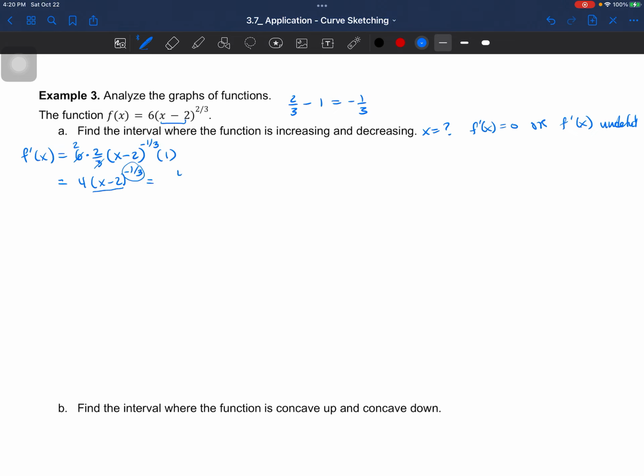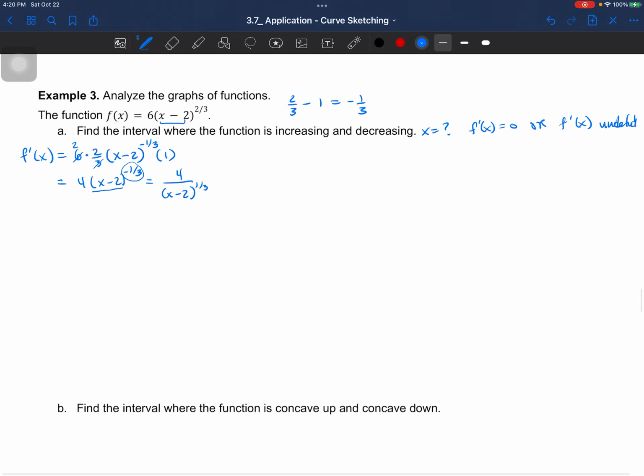And we can also rewrite this in fraction form because this has a negative power. We're going to move that factor to the denominator. So the factor that has the negative power is moved to the denominator. There you go. And so this is our derivative.